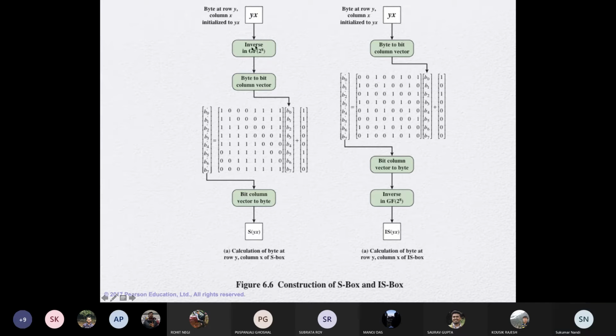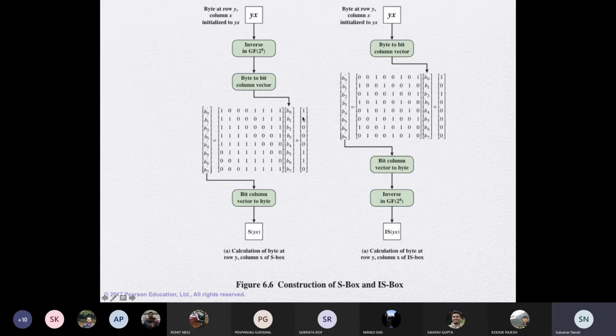As 0 does not have an inverse, when 0 comes here in the substitution bytes matrix multiplication, 0 multiplied by any matrix will be 0.